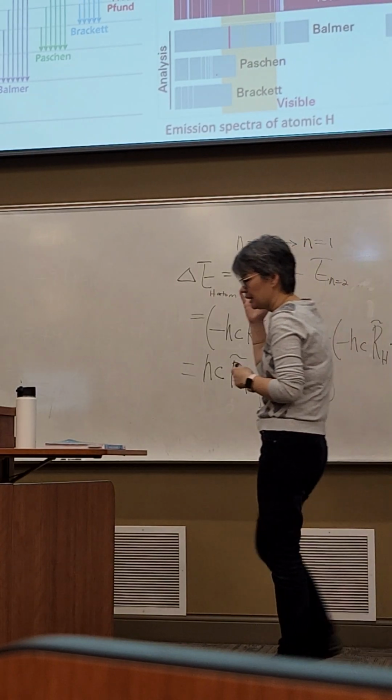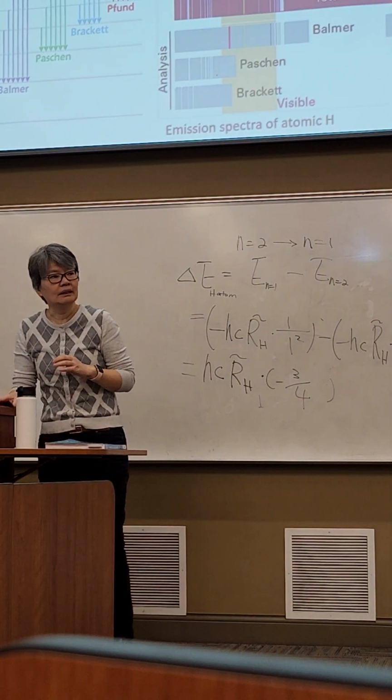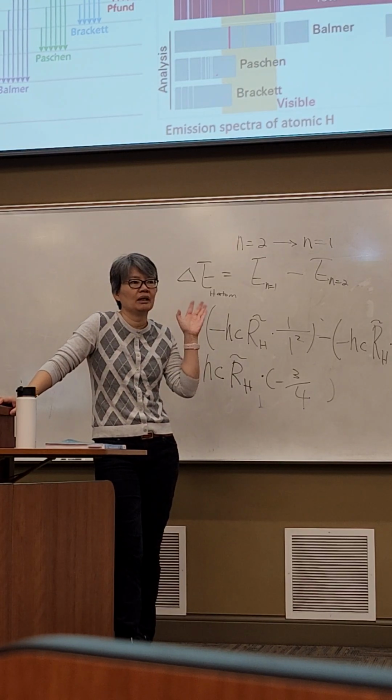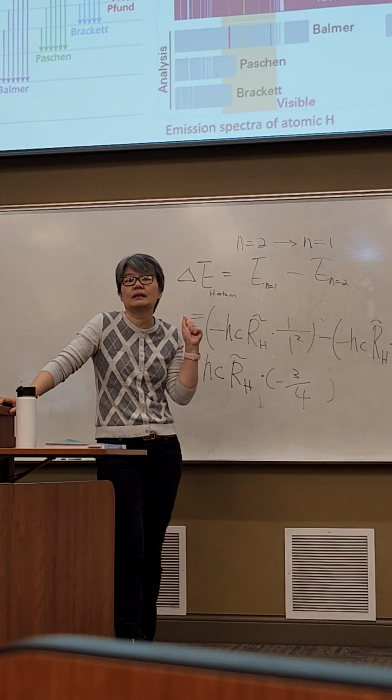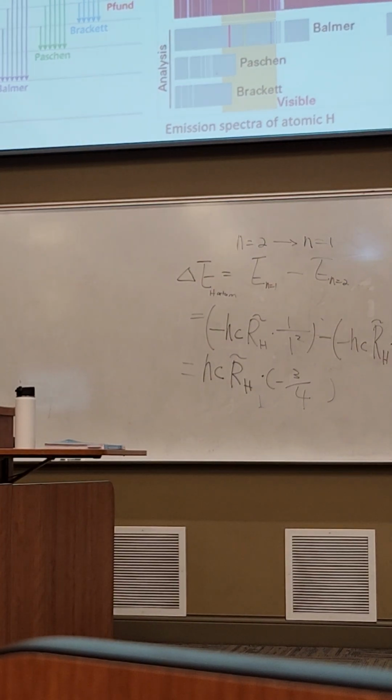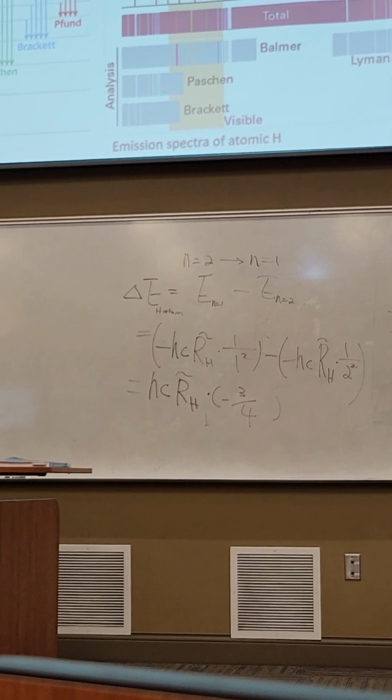Now for the hydrogen atom right here, what is the selection rule for emission spectroscopy, guys? The selection rule? Oh, I thought it was on the slide. What is the selection rule?